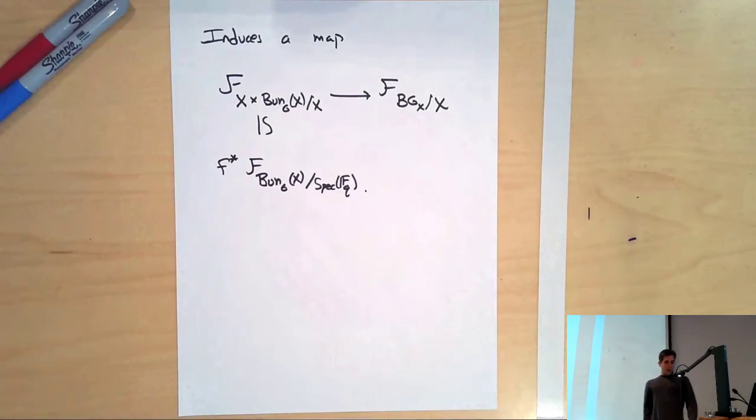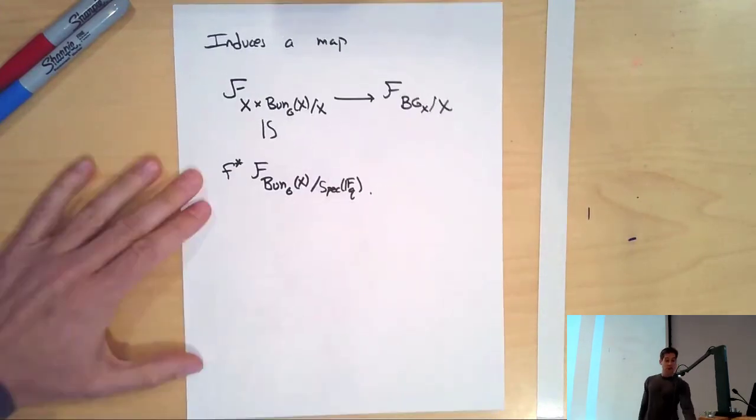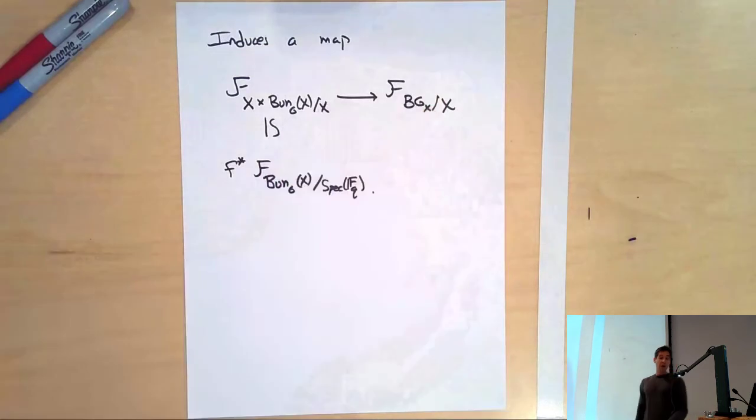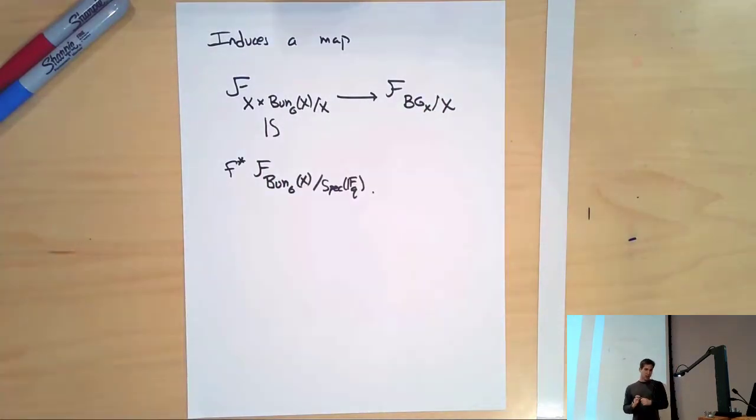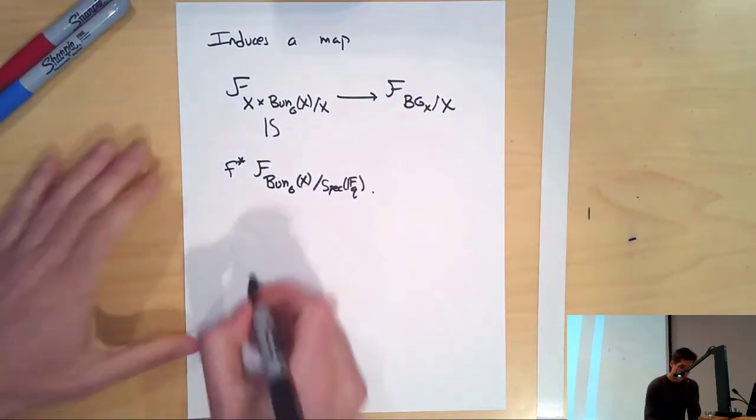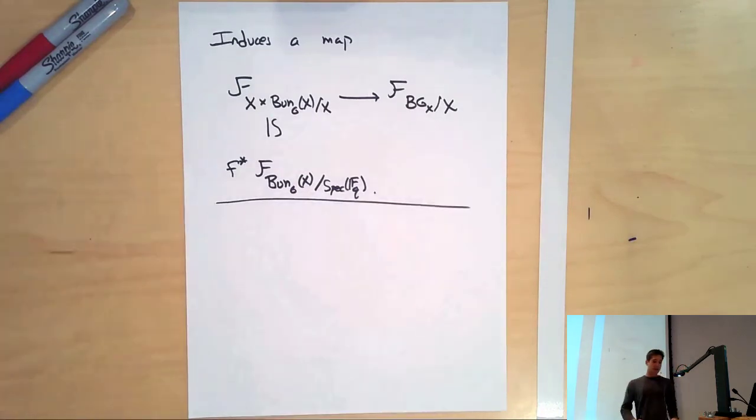Okay, so there's this map from a pullback of a sheaf that lives on Spec F_q to this sheaf on X that is the one that I'm actually interested in. Let me think of that a different way: not as a map from a pullback to something, but as a map from something to a pushforward.